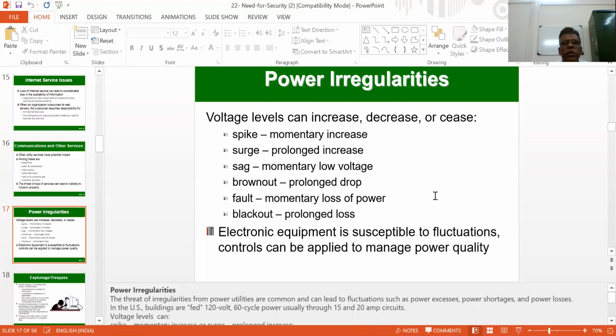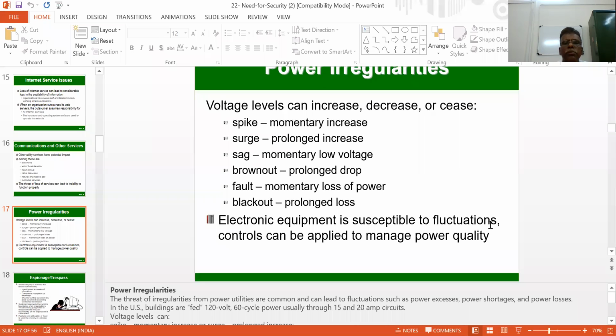You can say these are the threats which are going to be effective. And electronic equipment is susceptible to the fluctuations, and controls are applied to manage them. In order to manage high-level power supply or power quality, much more benefit and positive aspects can be gained for the data.